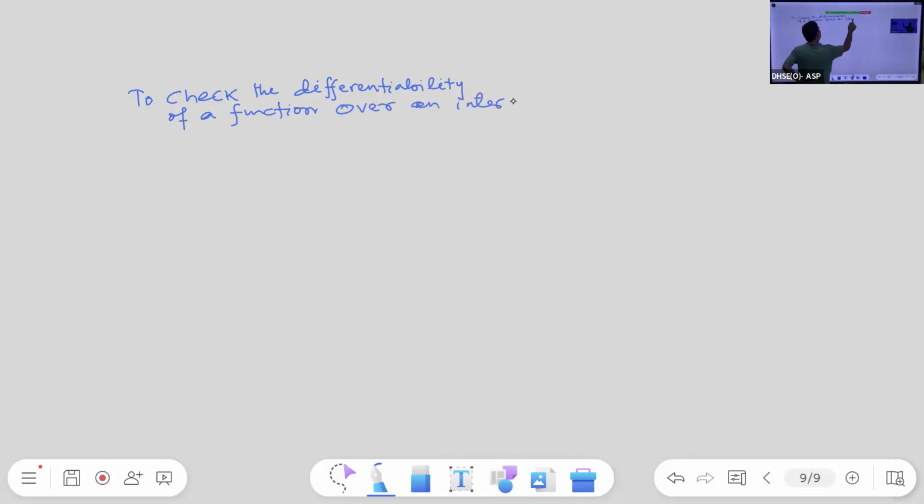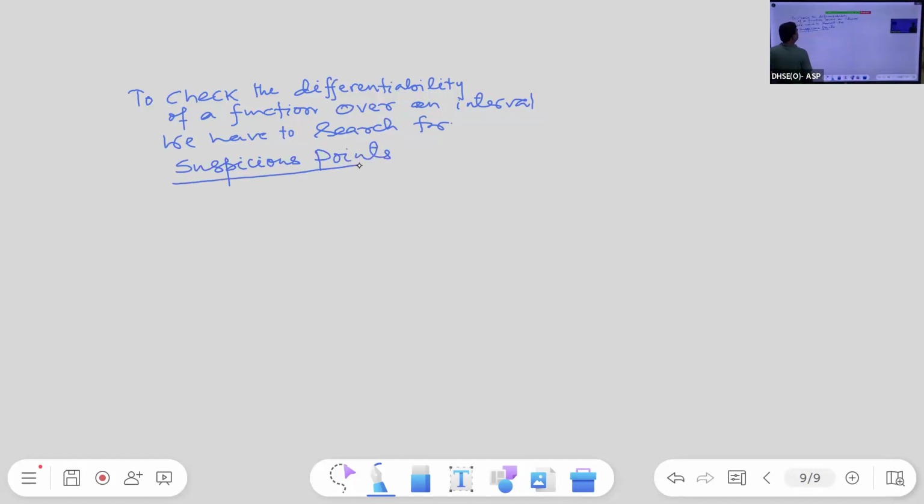So write down: to check the differentiability of a function over an interval, we have to search for suspicious points.